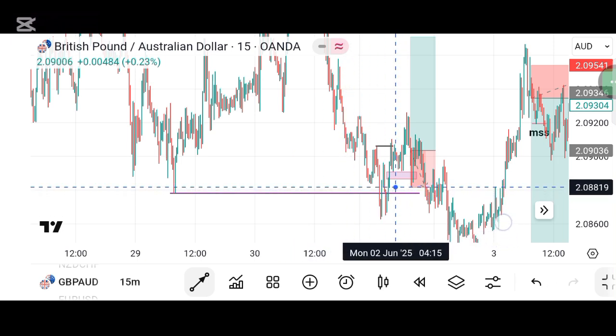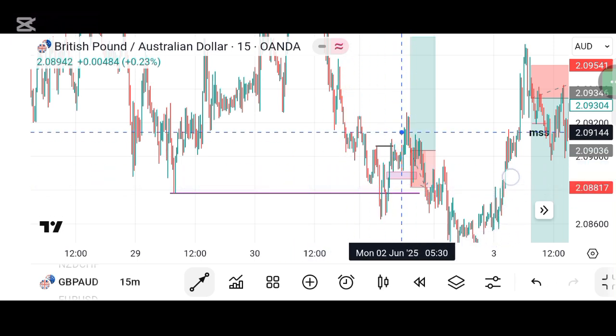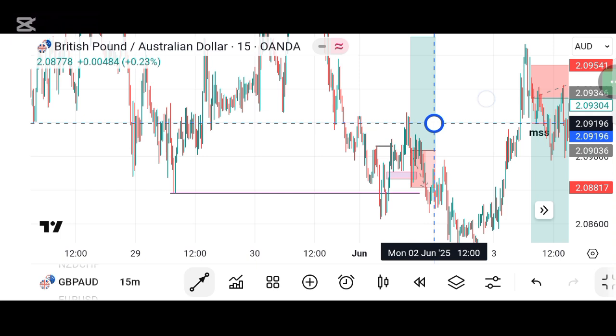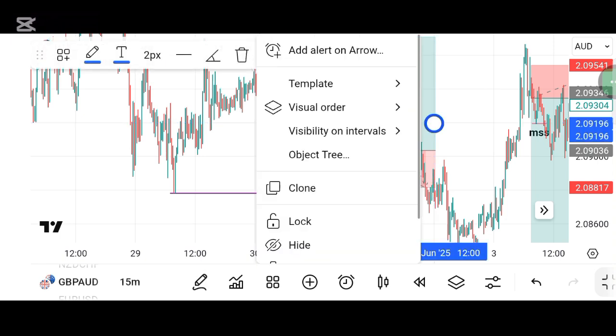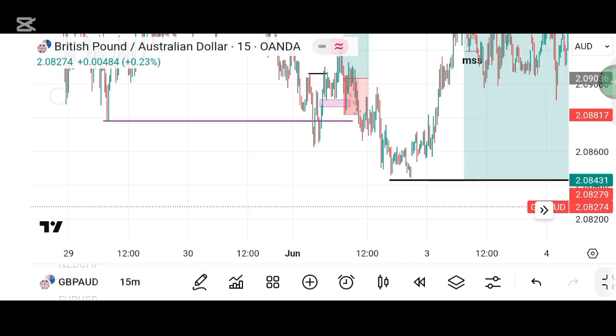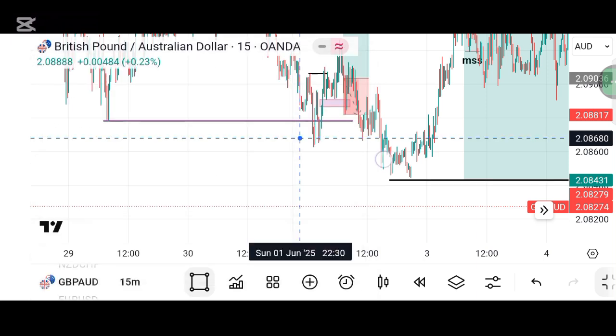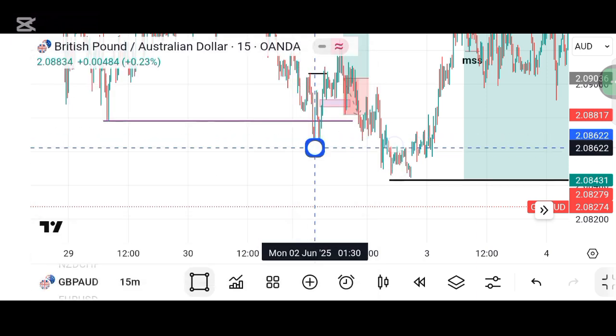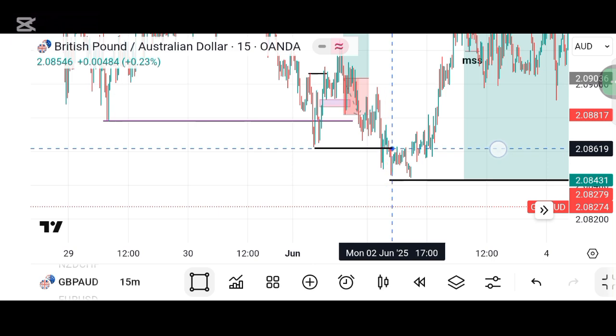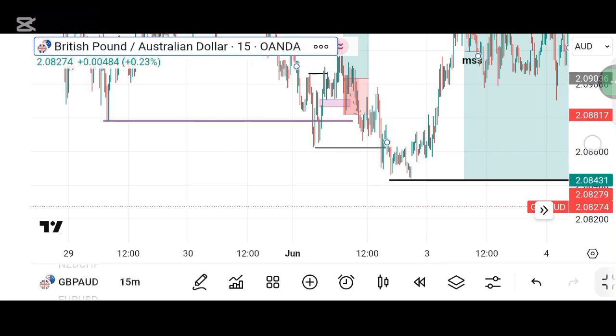And when I entered this market, price was just so reluctant. But if you see what happened, price actually was seeking for more liquidity, which was this low. So as price took out this low, it actually gave another confirmation, which I had already left the market.